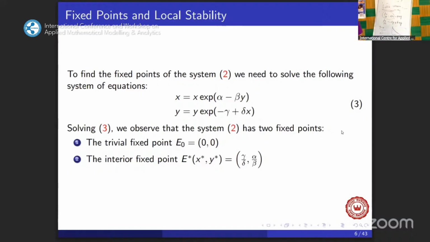When we solve this system at an equilibrium point, we need to solve the following system of equations. Replace x_{n+1} and x_n as x, y_{n+1} and y_n as y, and we get the system in equation 3. From 3, we solve this and we get two equilibrium points, E0 (0, 0) and E*(x*, y*). Next slide.